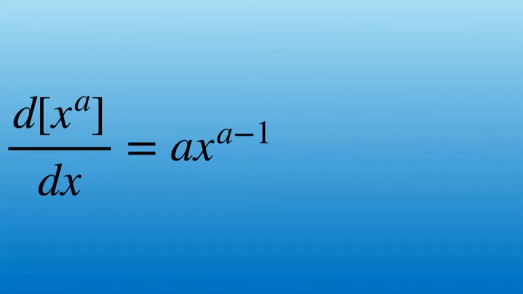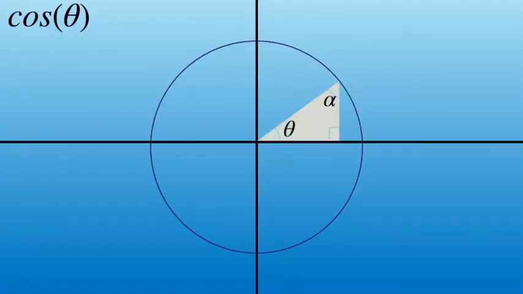Okay, you're back? Great. Now let's try to prove the derivative of cosine that I wanted to do. So let's put cosine of theta in the corner so we know what we're doing. The best way to prove cosine of theta, this time I'm going for a geometric proof, is by using a unit circle and a triangle, because all the trigs are about triangles.